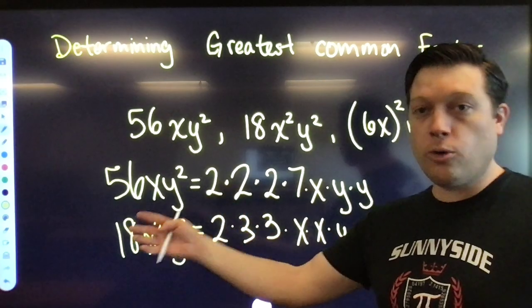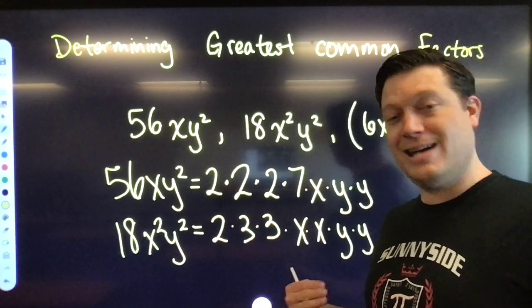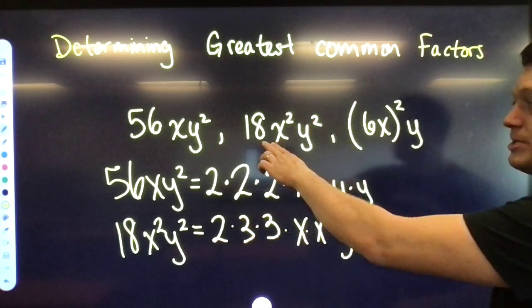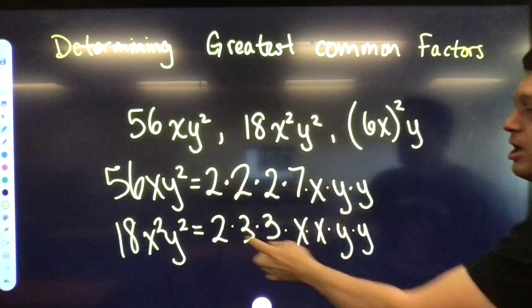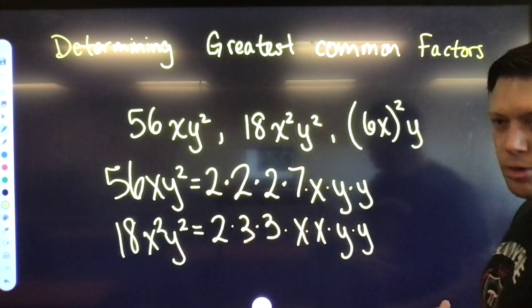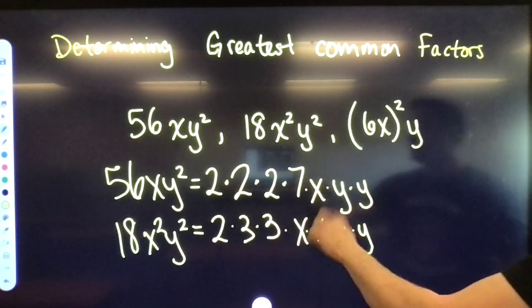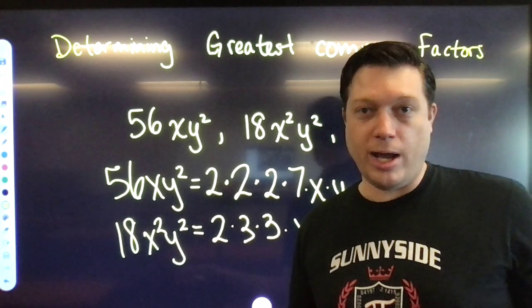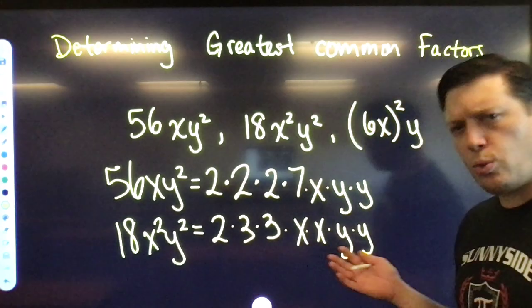We've broken 18x squared y squared fully down into its primes: 2 times 3 times 3 times x times x times y times y. It would be ridiculous to write it that way all the time, but it's good to know what it's made of.